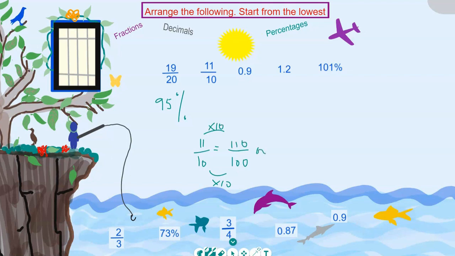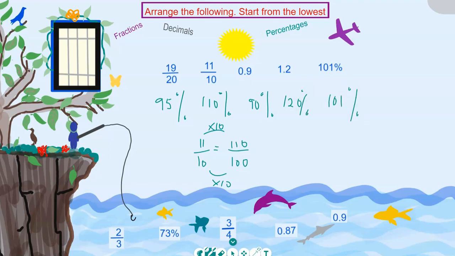That means you have 110%. Now 0.9 is easier, because you just multiply that by 100. That will give you 90%. And 1.2, you multiply that by 100, you get 120%. And you have 101% as the last one.